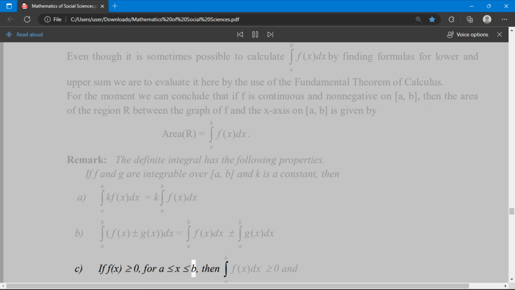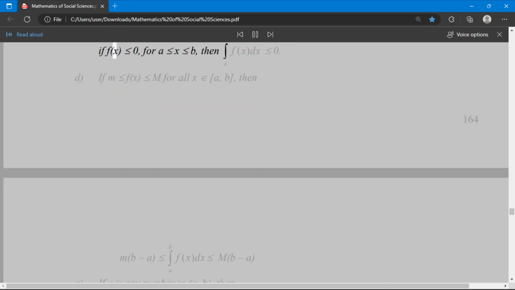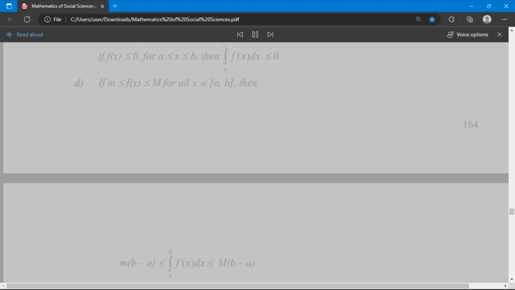c. If f(x) ≥ 0 for a ≤ x ≤ b, then ∫ₐᵇ f(x) dx ≥ 0, and if f(x) ≤ 0 for a ≤ x ≤ b, then ∫ₐᵇ f(x) dx ≤ 0. d.